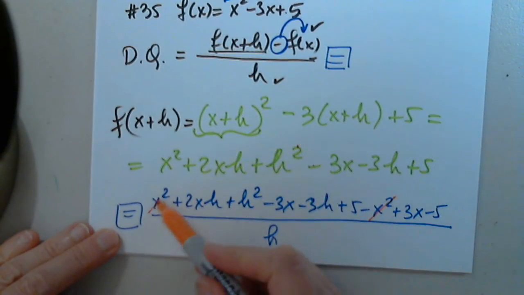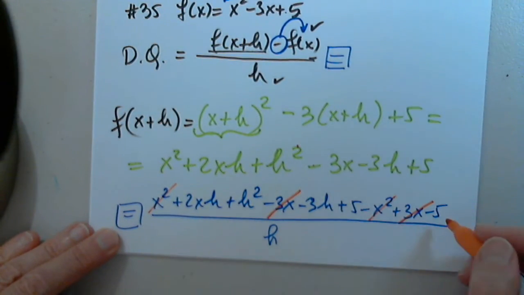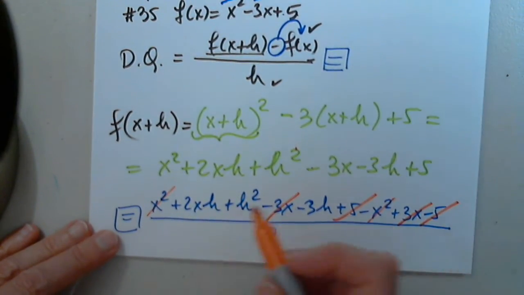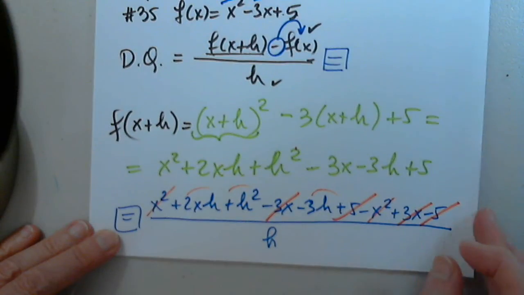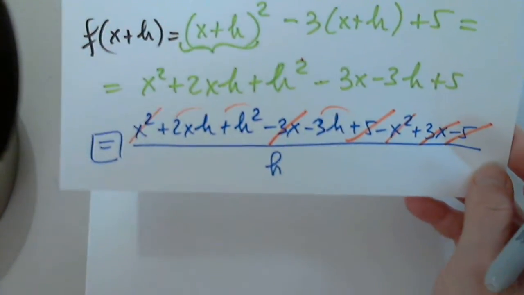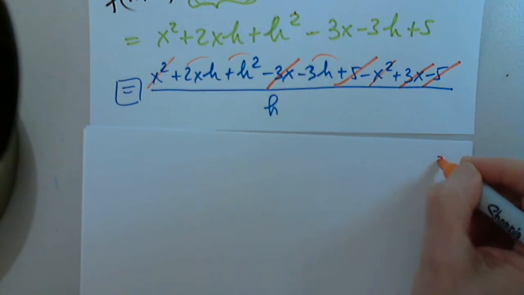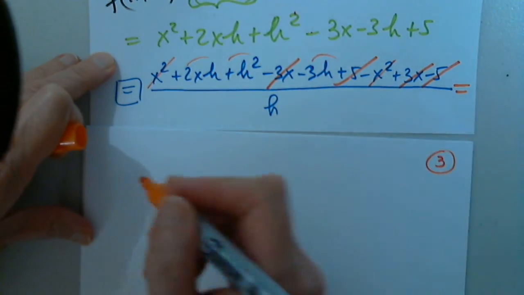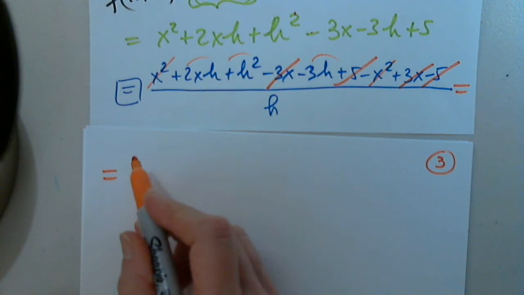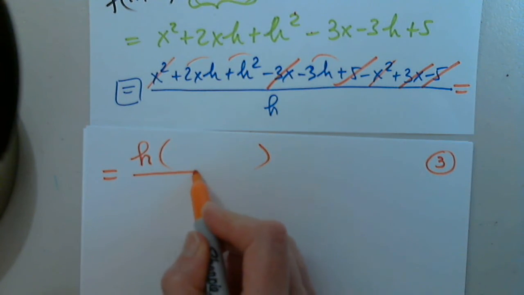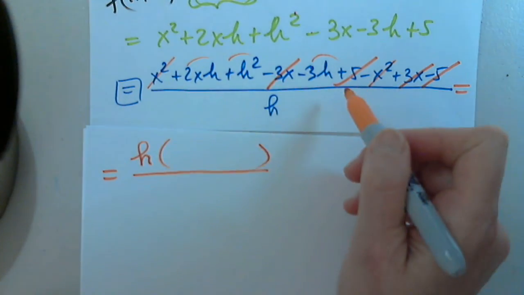Okay, then exactly what I just said has to happen. If it doesn't, then I have a big error somewhere. The remaining 3 terms must have h, because the next step would be what? To factor out, or simplify the h. Very good. Factor out. Please do not simplify in a sum.